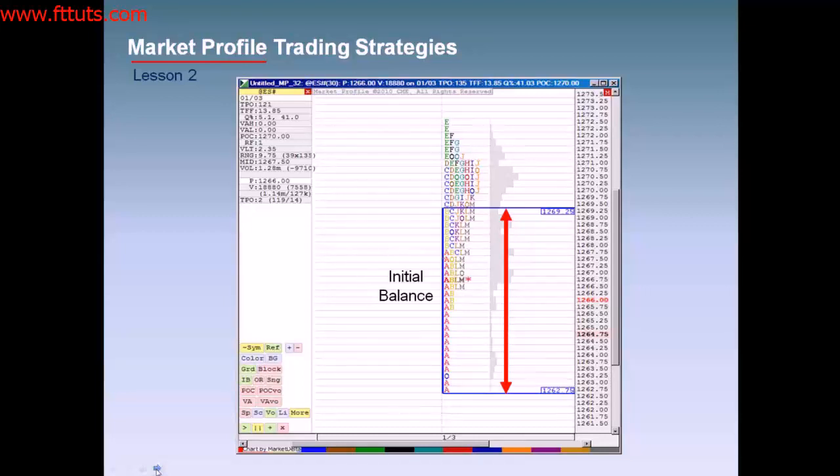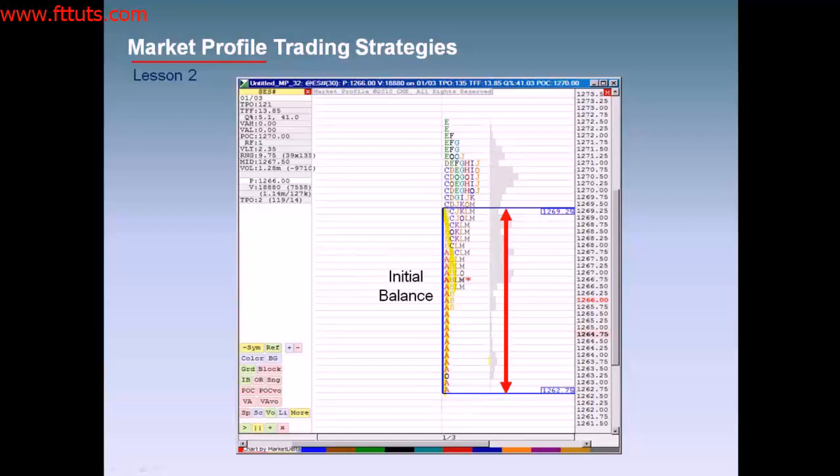Now another easy question, well, which 2 letters then would those be? The first 2 letters of the day. And hopefully this is a really easy question. It would be letter A and letter B. And if you take a look at the chart that I have before you, it shows us exactly what I just described. This is our initial balance.